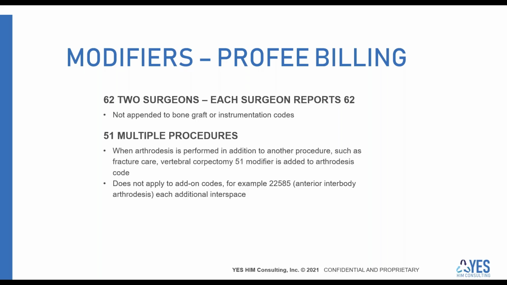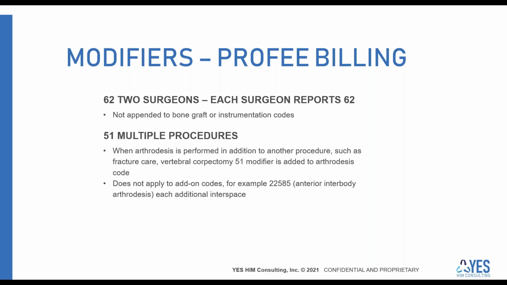Modifier 62 is a modifier for co-surgeons. A lot of these procedures can require two surgeons, so that modifier could come into play, but just take note that modifier 62 is not appended to bone graft or instrumentation codes. Also, I wanted to mention multiple procedures, what I think is one of the most confusing modifiers for the pro fee side.